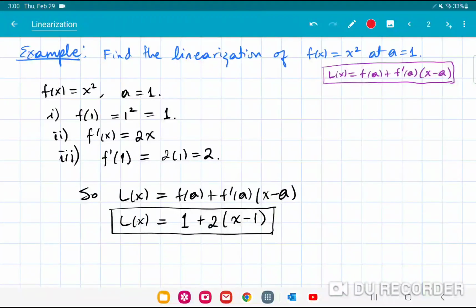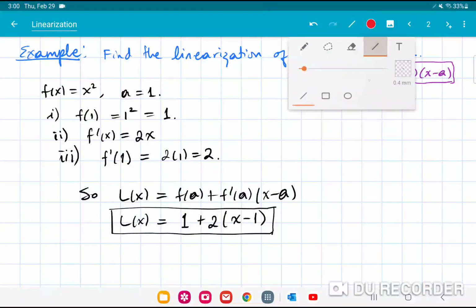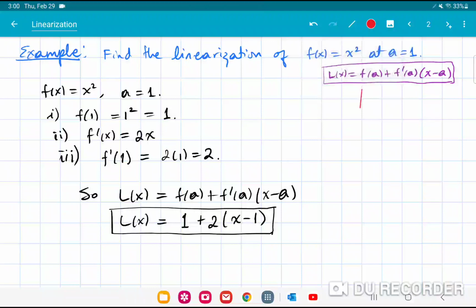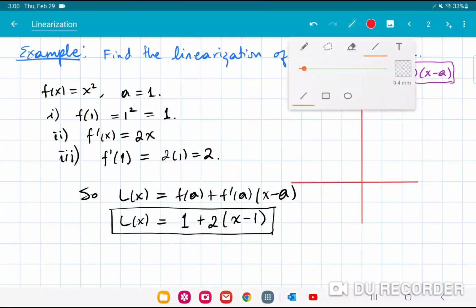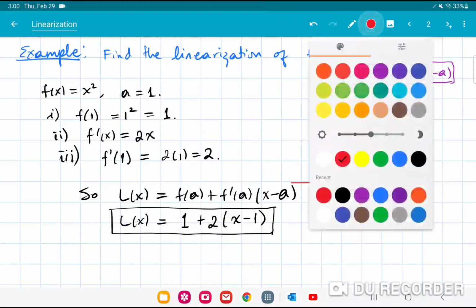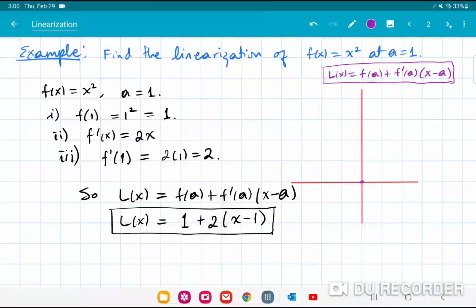So what we did here is we have y equals f of x, which is y equals x squared. The graph of y equals x squared looks like this. This is my f.